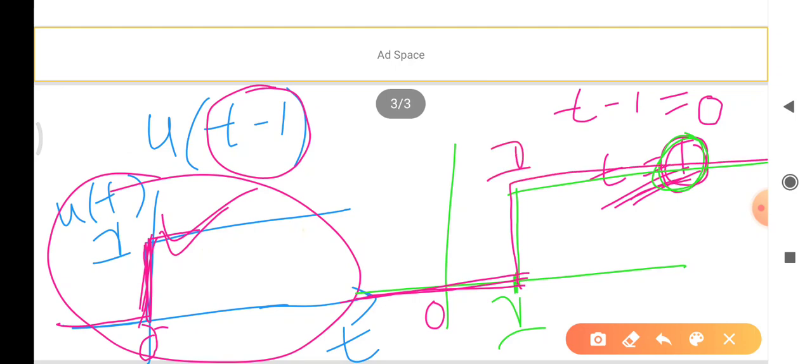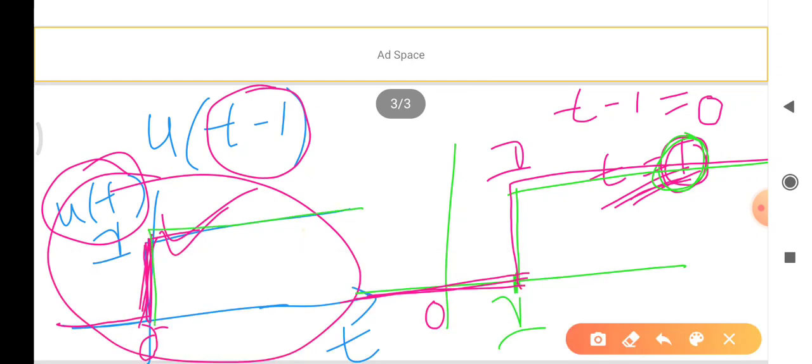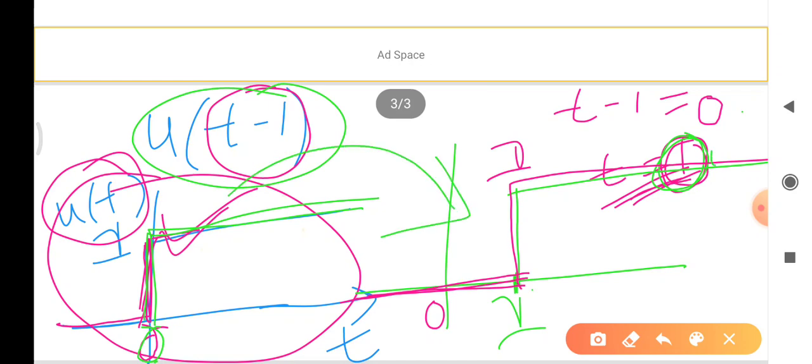Magnitude will not change. This is u of t, which was starting at 0 seconds. Your signal was giving you information at 0, but for u of t minus 1, t minus 1 equal to 0 means t equal to 1, so the original signal has to start from 1 second.